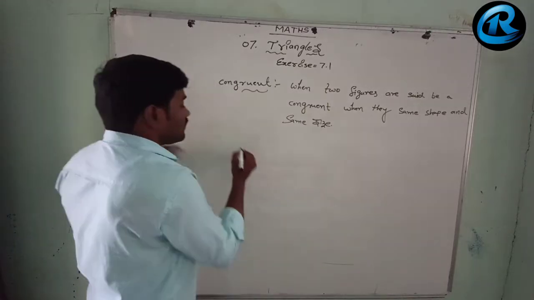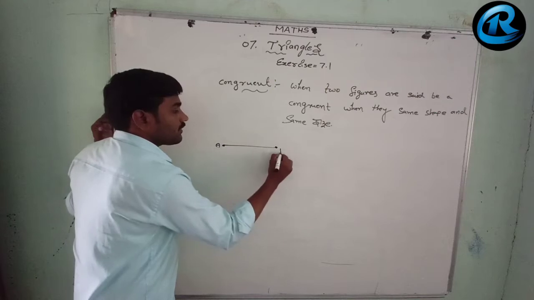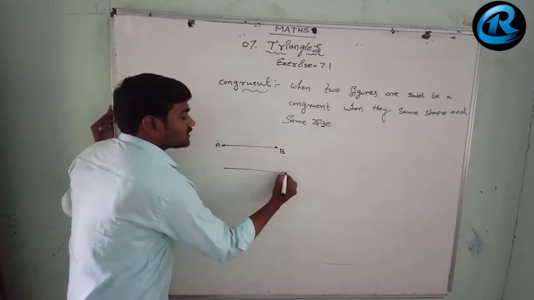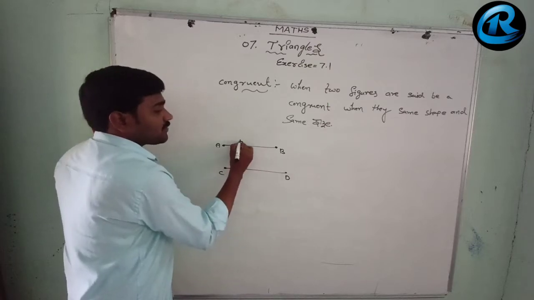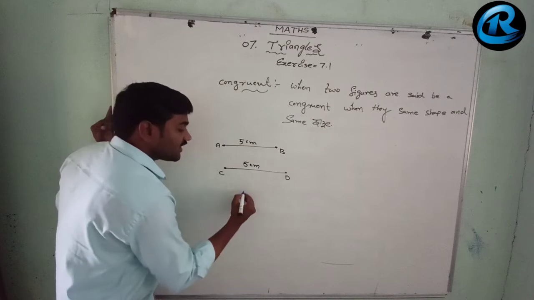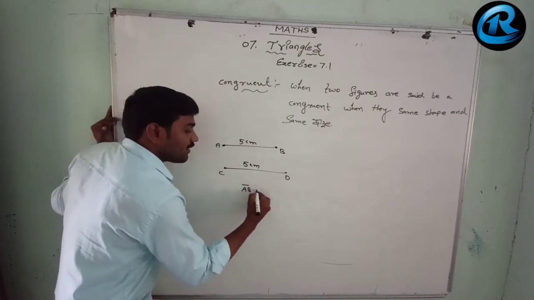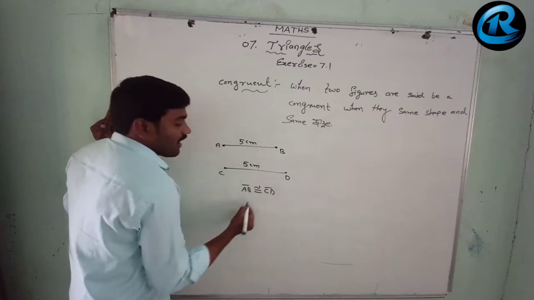So let us know the meaning. Suppose there is a line segment AB here and there is one more line segment CD. Here AB is suppose 5 cm and CD is also 5 cm. Then we can say the line segment AB is congruent to line segment CD.